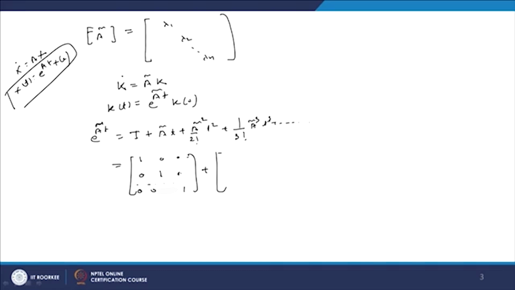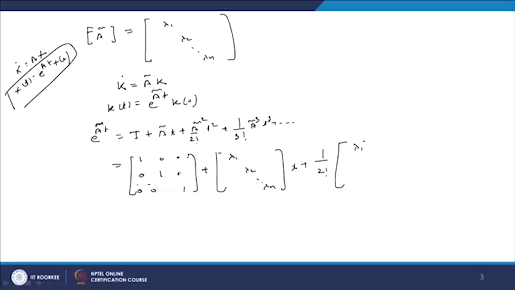What is A bar? A bar is the diagonal matrix of lambda 1, lambda 2, up to lambda n. So, we replace this here with lambda 1, lambda 2 up to lambda n, into t, plus. Now here A bar square means lambda 1, lambda 2, lambda n, that is, we have to square these elements.